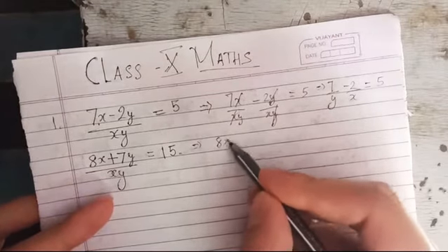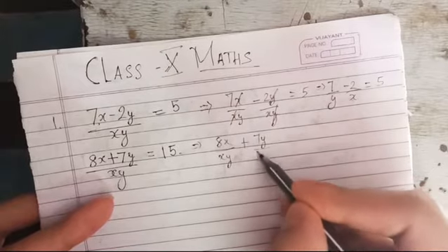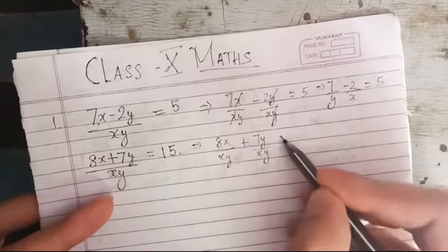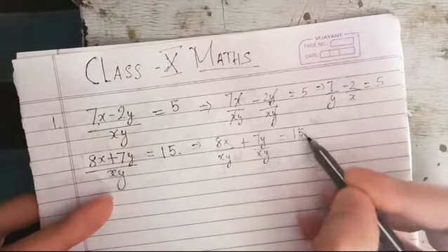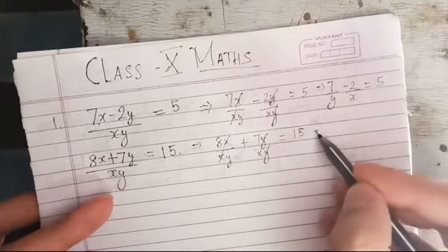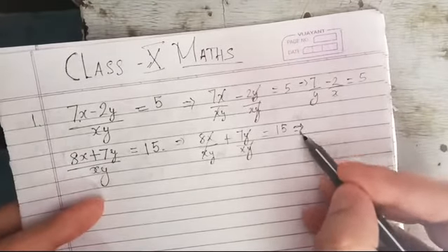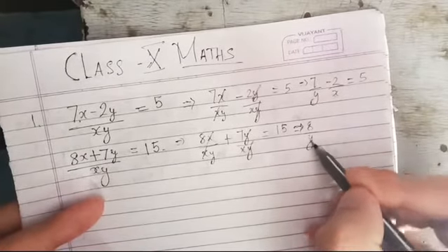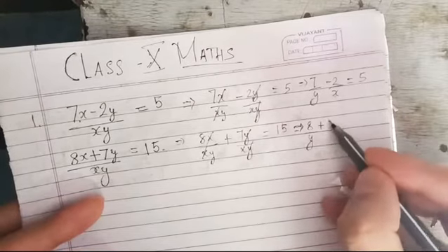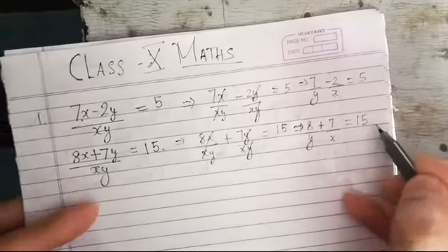Okay, in the same way, second equation, here also we will divide with xy. So 8x upon xy plus 7y upon xy is equal to 15. x and x cancel, y and y cancel. The equation now becomes 8 upon y plus 7 upon x is equal to 15.